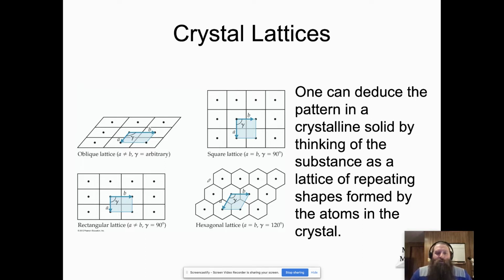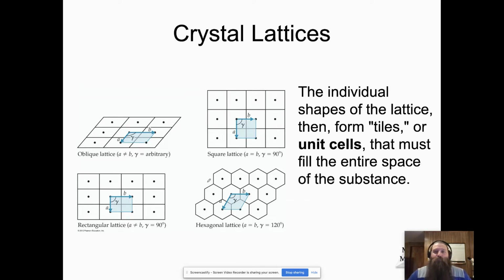And when we do that, we can see that we may have an oblique lattice or a square lattice. We might have a hexagonal lattice. And so by breaking down the crystalline structure, we get a little bit more simple subunit to think about when we're talking about those compounds.